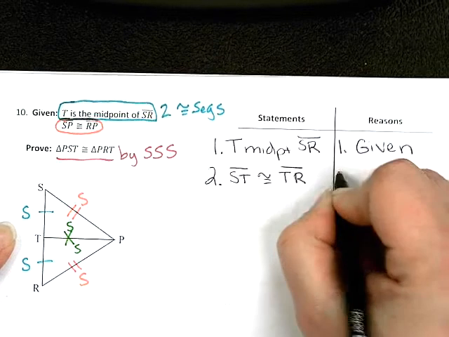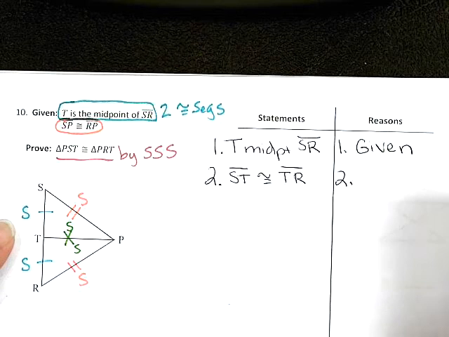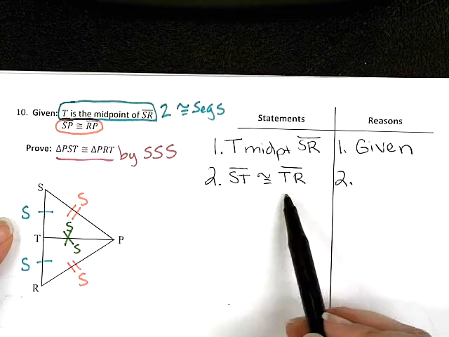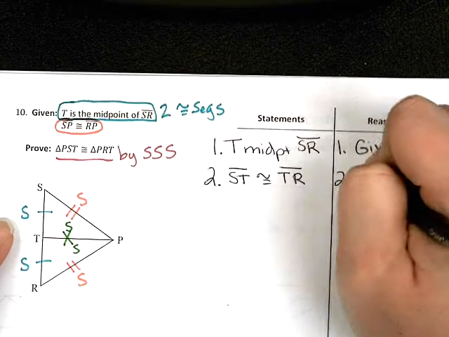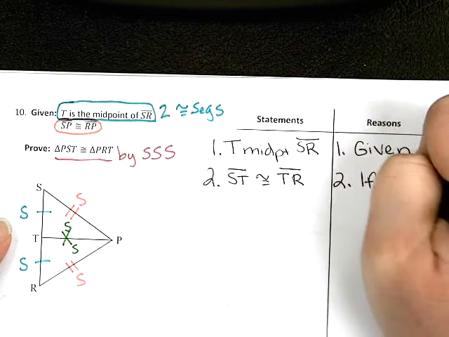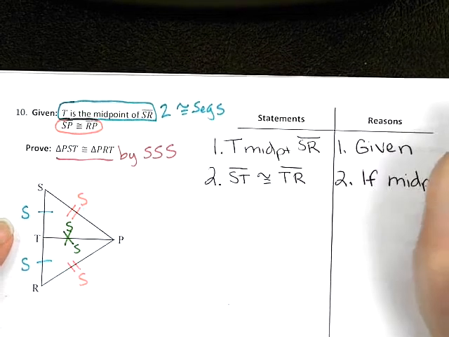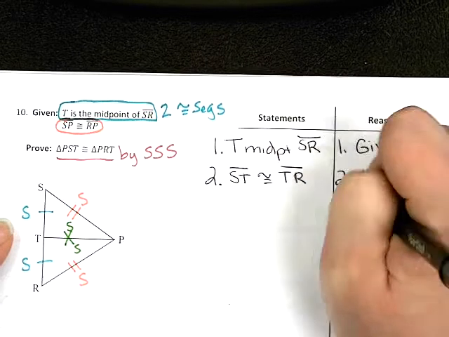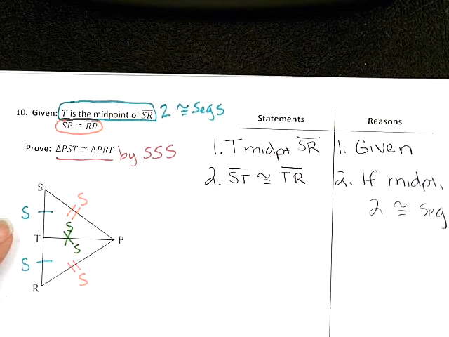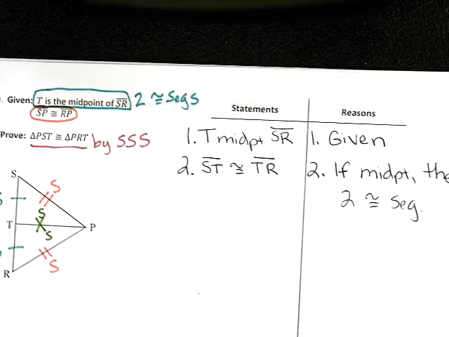And why do we know that? Why were we able to say that? Well, it's because it's a midpoint, right? So I want a generic reason for being able to mark these 2 segments congruent, and it's because we have a midpoint. So if midpoint, then 2 congruent segments, right? That's the definition of a midpoint, is that it gives us 2 congruent segments.